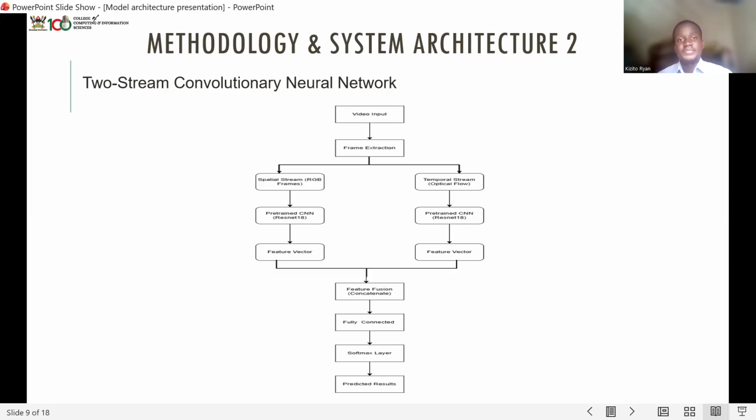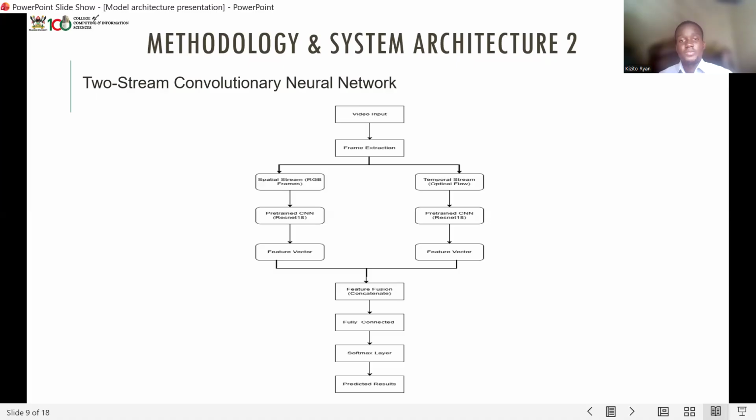After all that has been done for both sides, it takes us to the next step, which is feature fusion or concatenation. The outputs from both streams, the spatial and temporal, are combined together. This allows the model to understand both what objects exist and how those objects move.